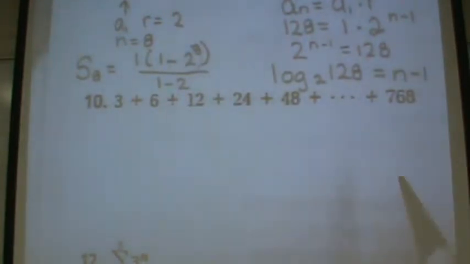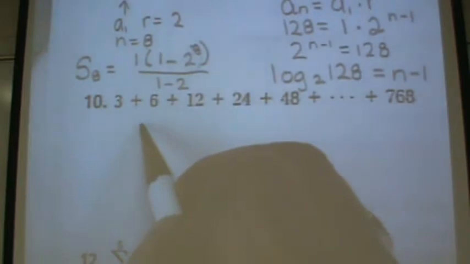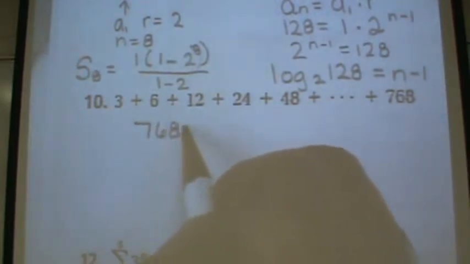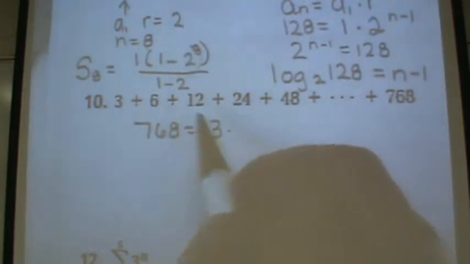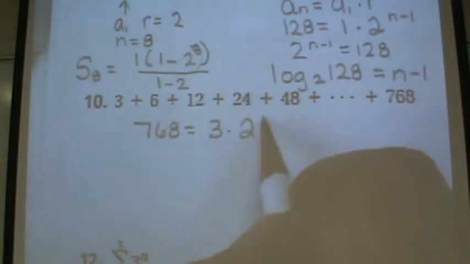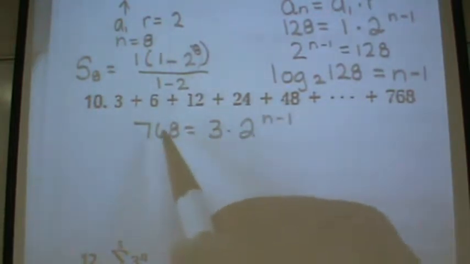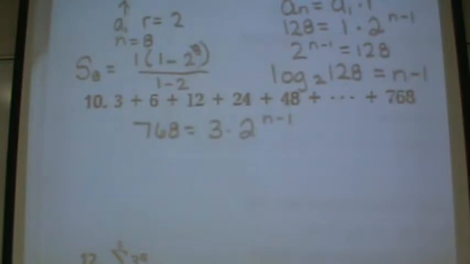Next one. Again, how do we find what term this is? 768. It's the first term times the R value, which is 2, to the n minus 1. Divide 768. 768 divided by 3.